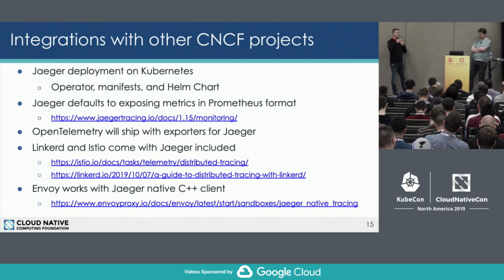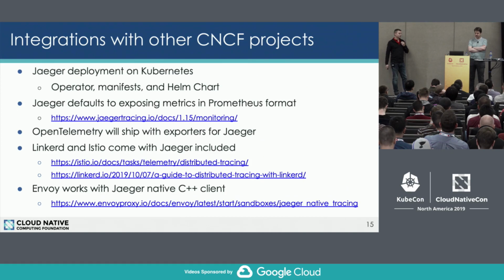You just define, I want to use this storage, I want to use this configuration, and the operator will handle all of the deployment for you, but also the upgrades if there is a new version of Jaeger. By default, Jaeger exposes metrics in Prometheus format. So for example, the Jaeger operator watches these metrics. If there is something wrong, it can change the deployment accordingly.